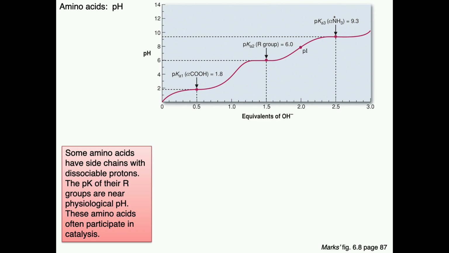Glutamate or aspartate would be among them. These are important because they can be in that different charge state stably at near neutral pH, and they frequently participate in catalytic reactions because of that stability in the different ionization states. I'll elaborate on that in a little bit.